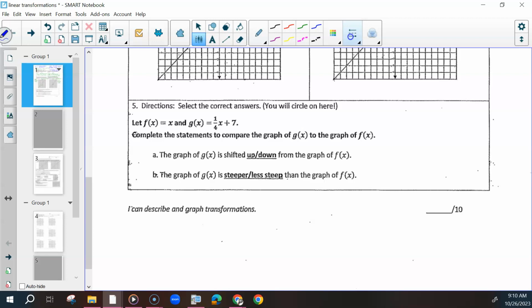Y-intercept. So if we're comparing the y-intercepts from the original to the new one, what happens? Did it shift up or down? Up. And why do we think up? It's addition. Because of the plus 7.